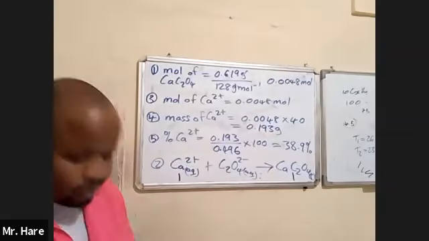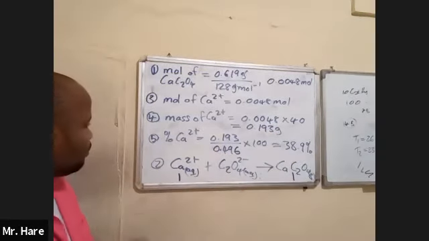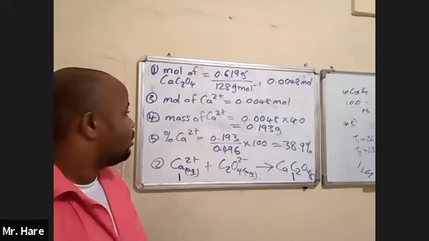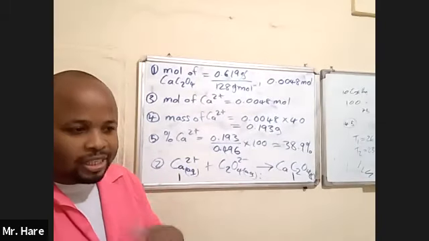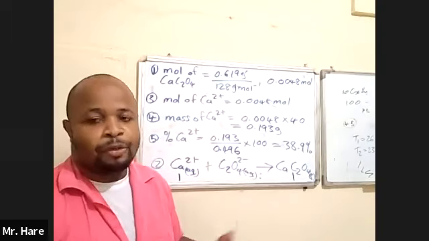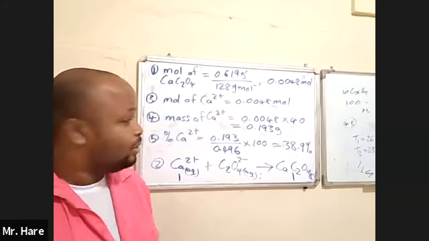Before you move on, what were you saying about if we were given a liquid? Because it's a solid sample, we're finding percentage composition. With a liquid, you would have been finding molar concentration.